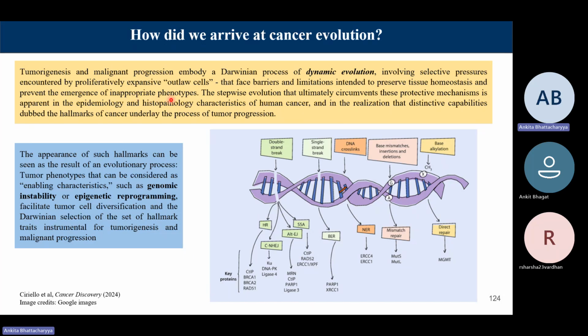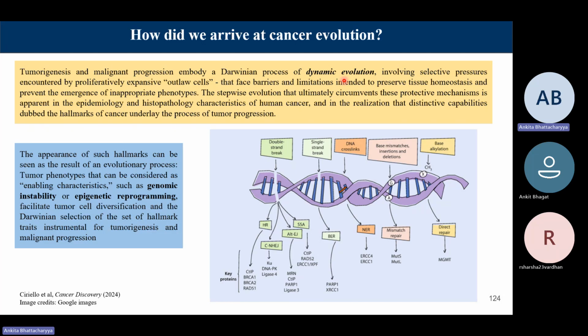That is what you want in a normal cell. However, these outlaw cells are able to bypass those, and they can progress despite all of those things. And that falls under the purview of dynamic evolution, as was elucidated by Darwin very long ago.